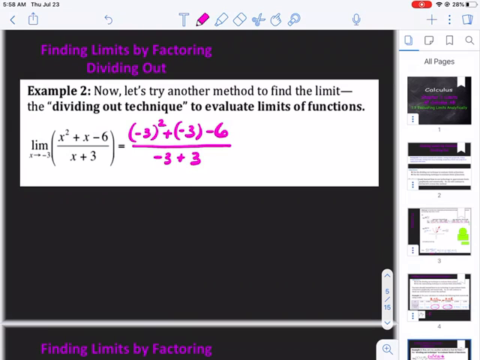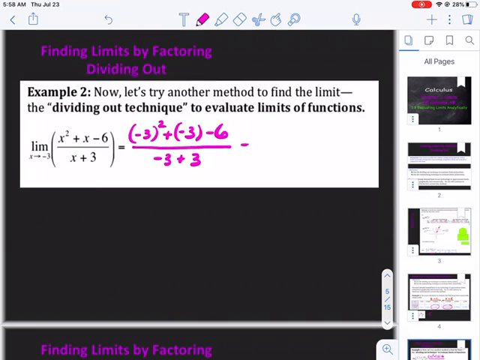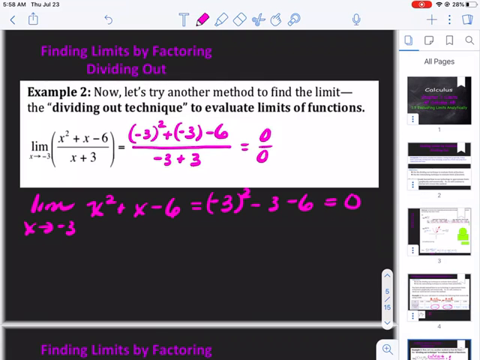Now, I know that probably what I should be doing according to the AP College Board is say something like the limit as x approaches -3 of x squared plus x minus 6 is equal to -3 squared minus 3 minus 6, which is 0.